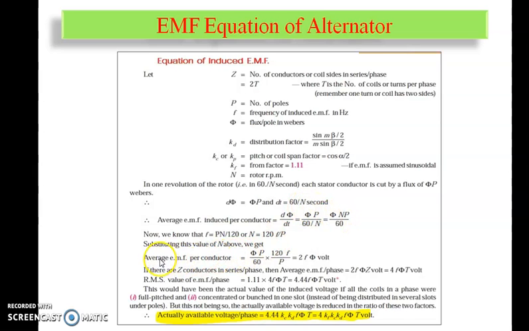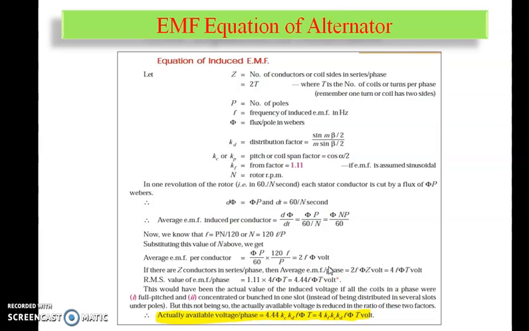Now the average EMF per conductor equals phi P divided by 60 into, putting the value of n, so I get 2 f phi volt. हे फक्त एका कंडक्टर मधला EMF आहे.